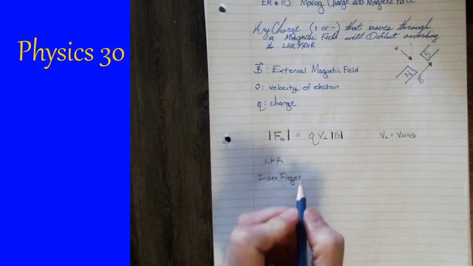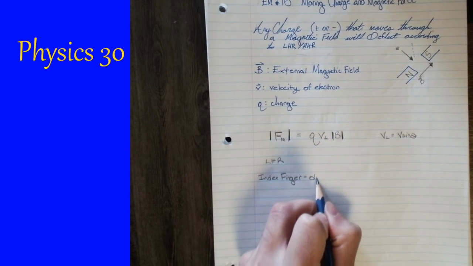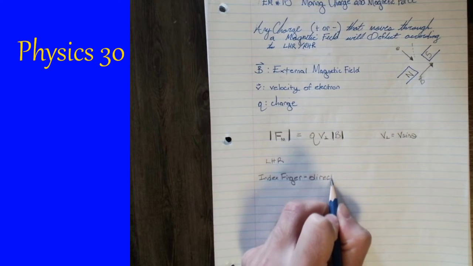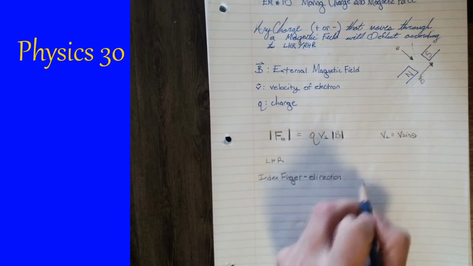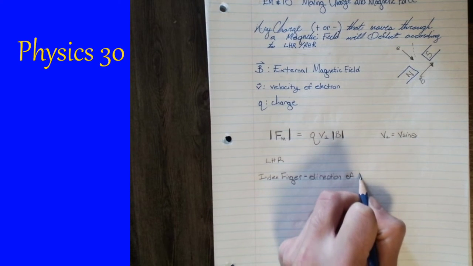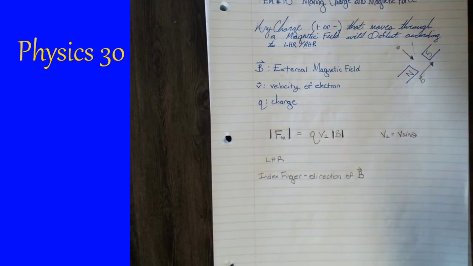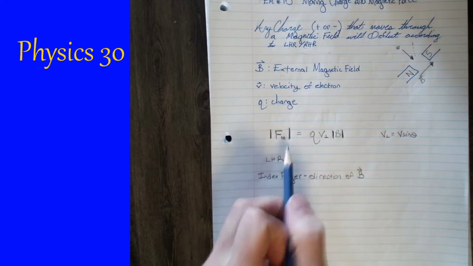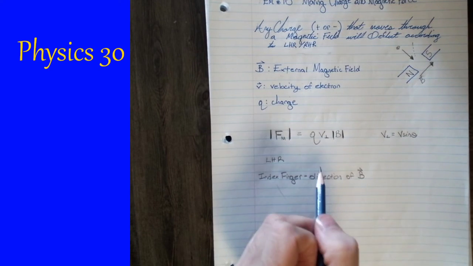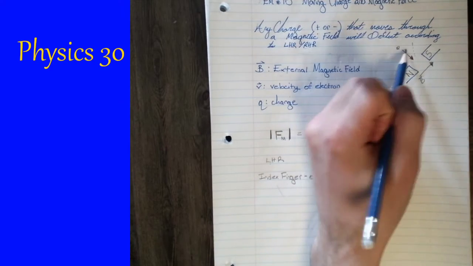This will represent the direction of the magnetic field. And these are all the same for the right-hand rule as well. It's just we're doing left-hand because that's negative.